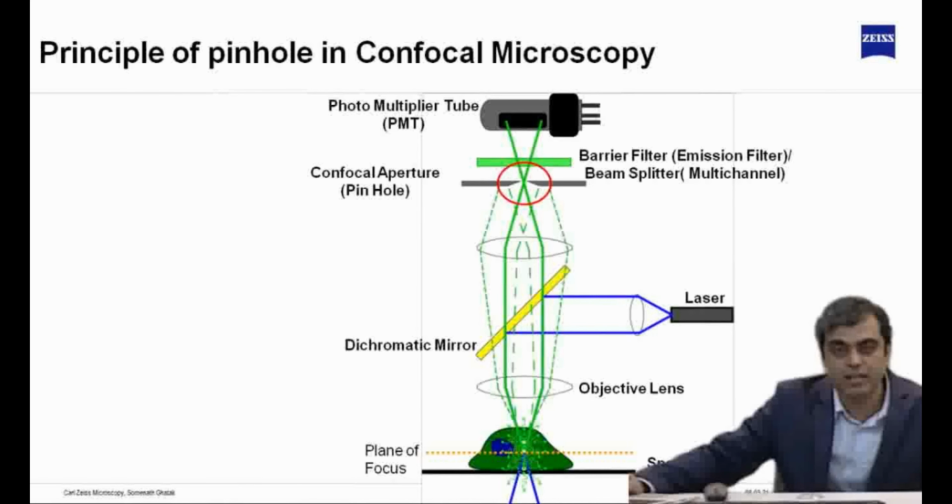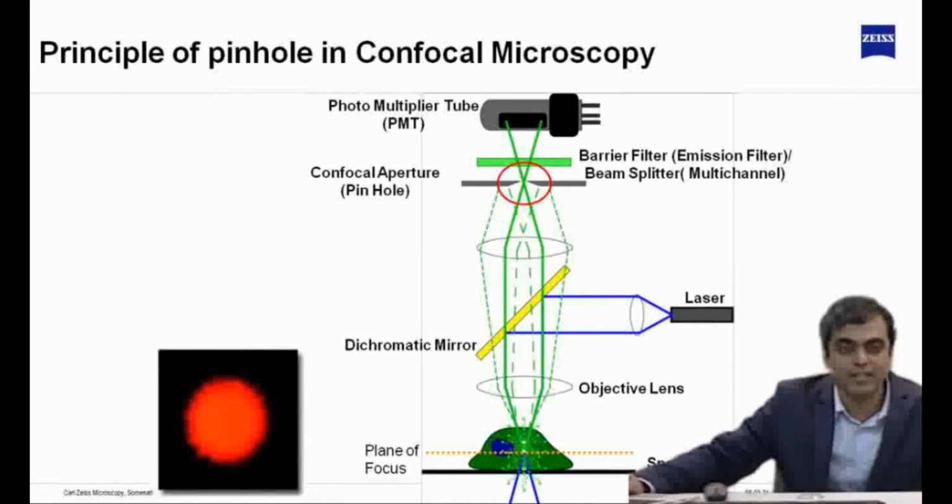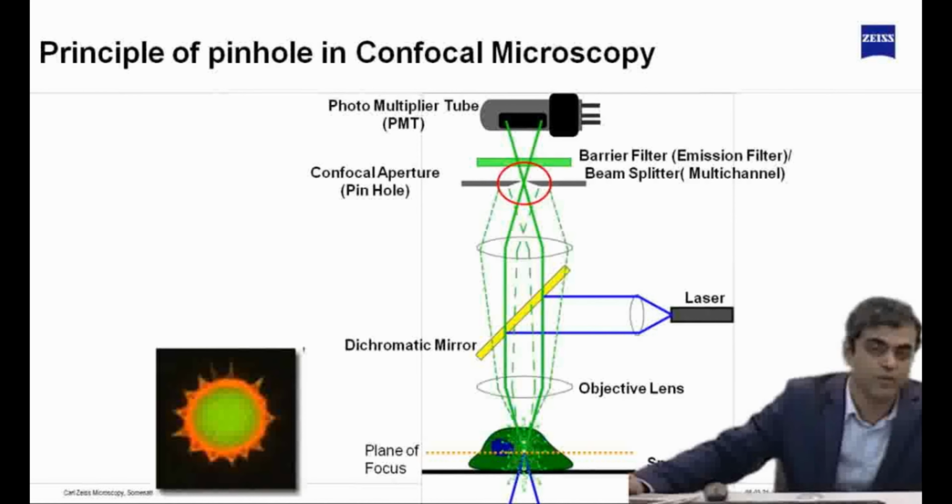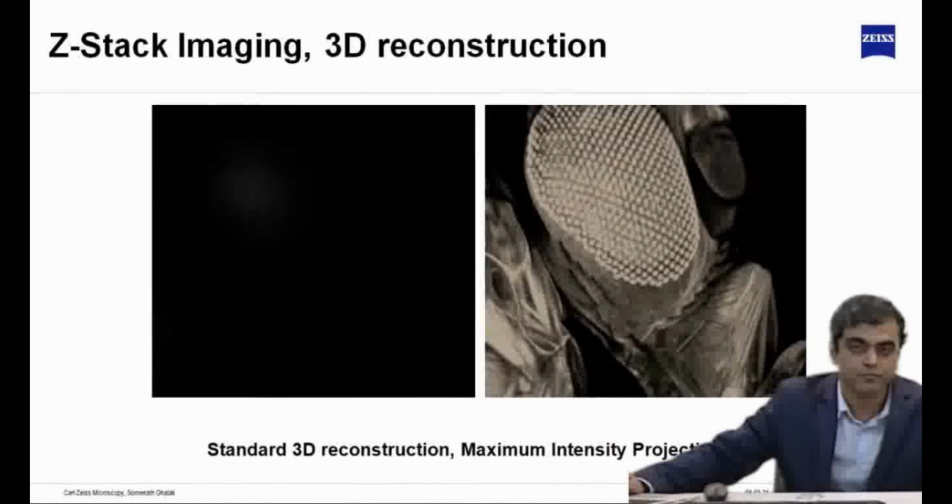So if you see in a wide field, we get an image of a pollen grain like this, which is just the surface impression, and there is no detailed information. But by virtue of a pinhole and the confocal system, we can virtually slice the sample and go deep inside and find the exine and intine differences without even touching the sample.